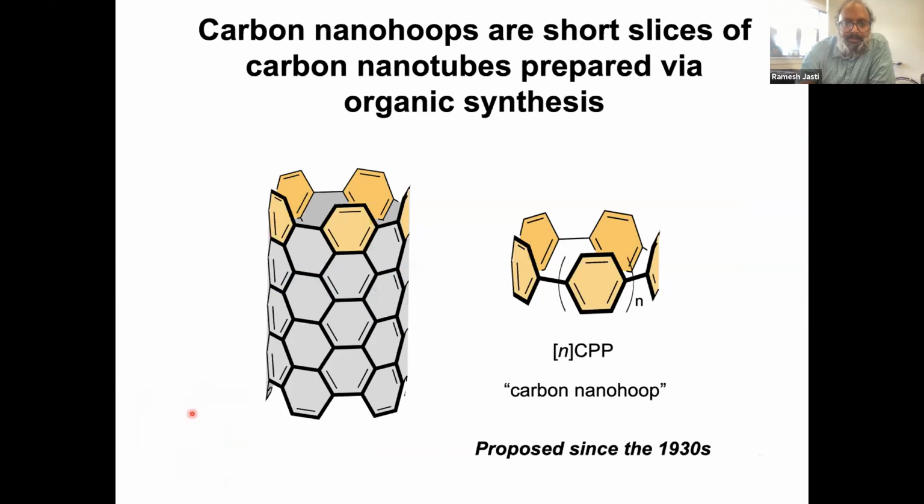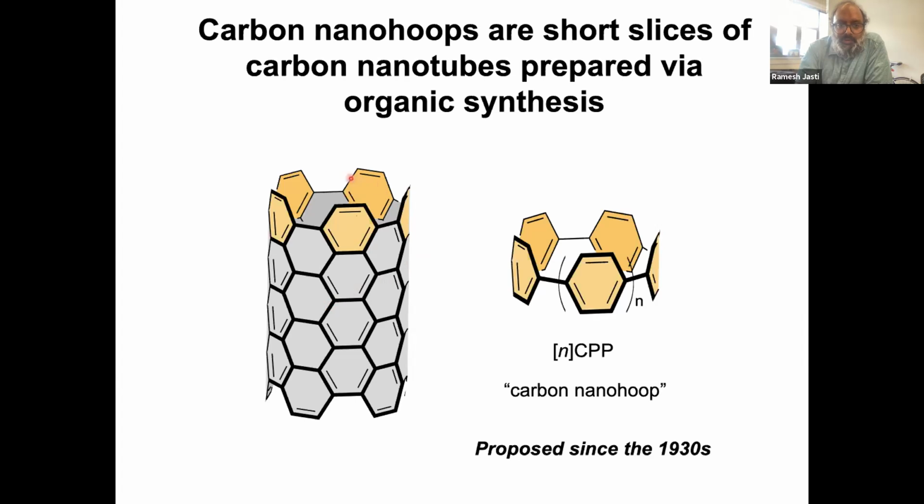All right. So the name carbon nanohoops is derived from their relationship to the structure of a carbon nanotube. On the left here is a picture of a carbon nanotube, which is a hexagonal carbon structure made entirely of sp2 hybridized carbon, or you can think of it as made of all benzene rings, linked in a way that makes a cylinder.